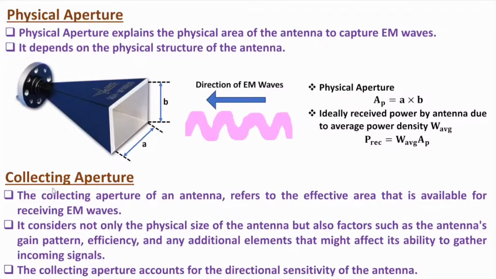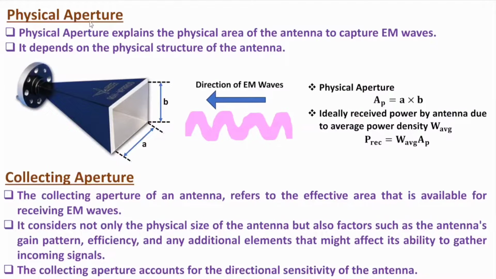So collecting aperture does not depend only on physical parameters, it also depends on the antenna's other parameters like gain pattern, efficiency, or any other additional elements which may affect its ability to gather incoming signals. So you can say collecting aperture accounts for the directional sensitivity of the antenna.